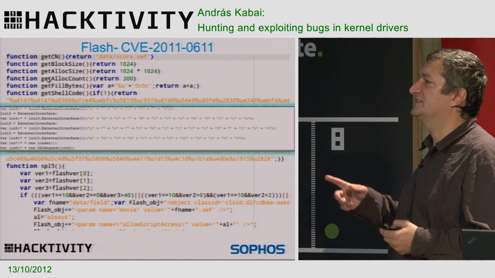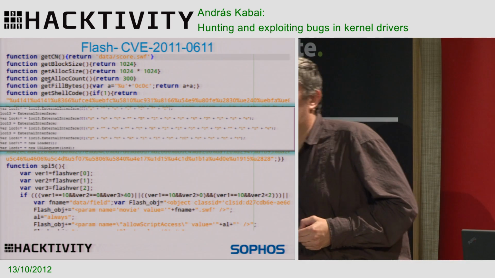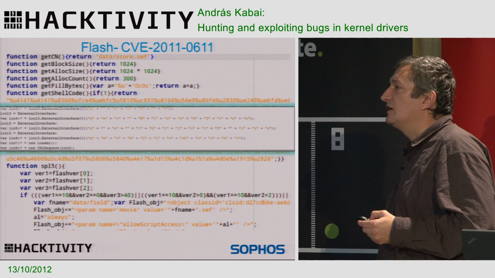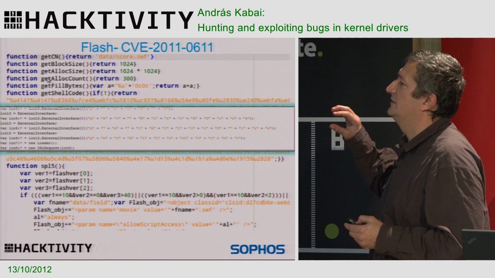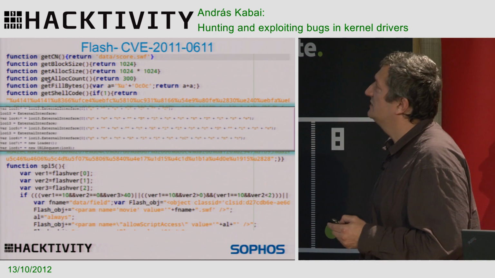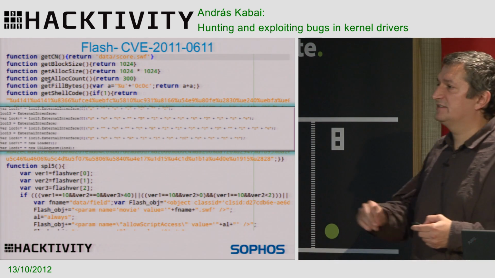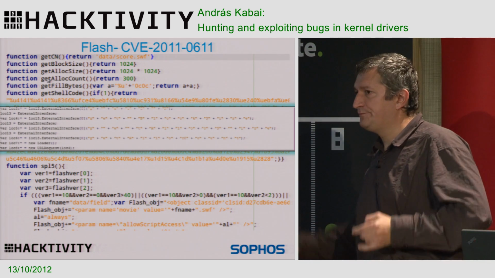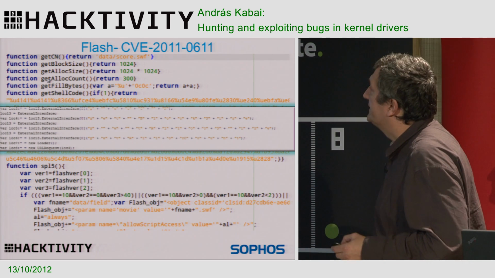External interface functions are used in the Flash scripting language to access the functions from the hosting HTML page. In this case, getBlockSize, getAllocCount, and getFieldBytes just fill in the heap so that it will be appropriate for exploiting.